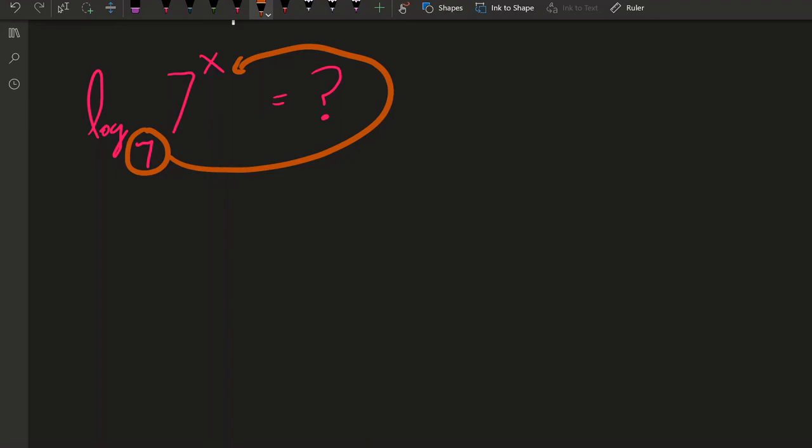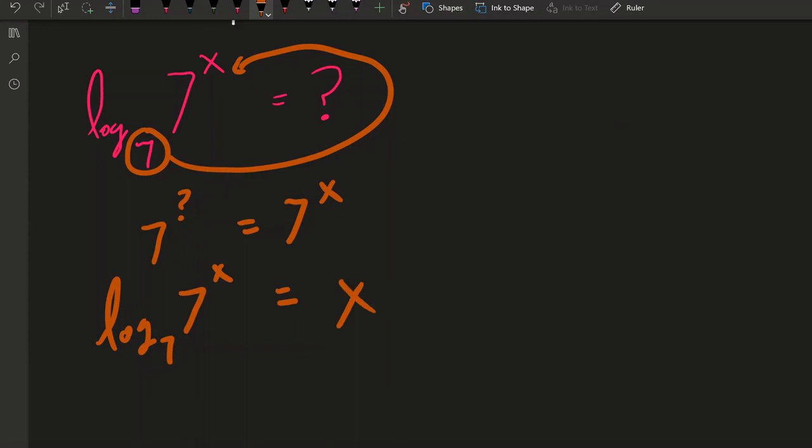That says 7 to the something is equal to 7 to the x. Based on the property we just discussed, that something has to equal x. So log 7 of 7 to the x power just equals x.